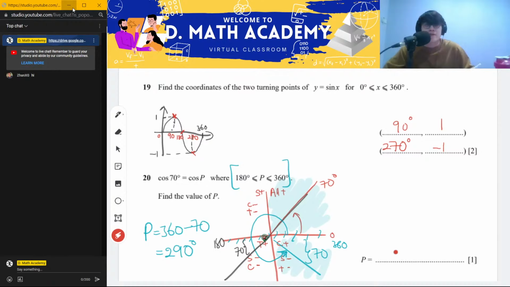So let's say you transfer the 70 to the other side, and then you work out, maybe key in cosine of 180 plus 70, which is 250 there, I think. You key in 250, and you get negative 0.342, right? So it's not exactly the same. That's why it's not acceptable. All in all, you must fall back to the range that they gave you to check your answers.